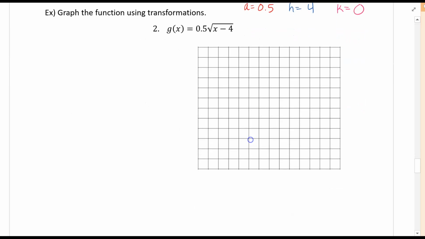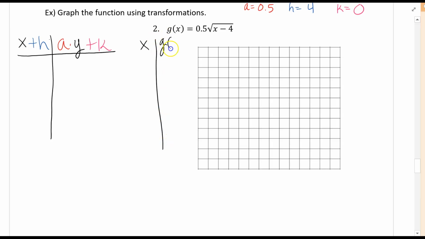Okay, so for the table, same thing. We're going to do X plus H, H times Y plus K. Then we're going to have another table, X and G of X. What are my 4 key points?